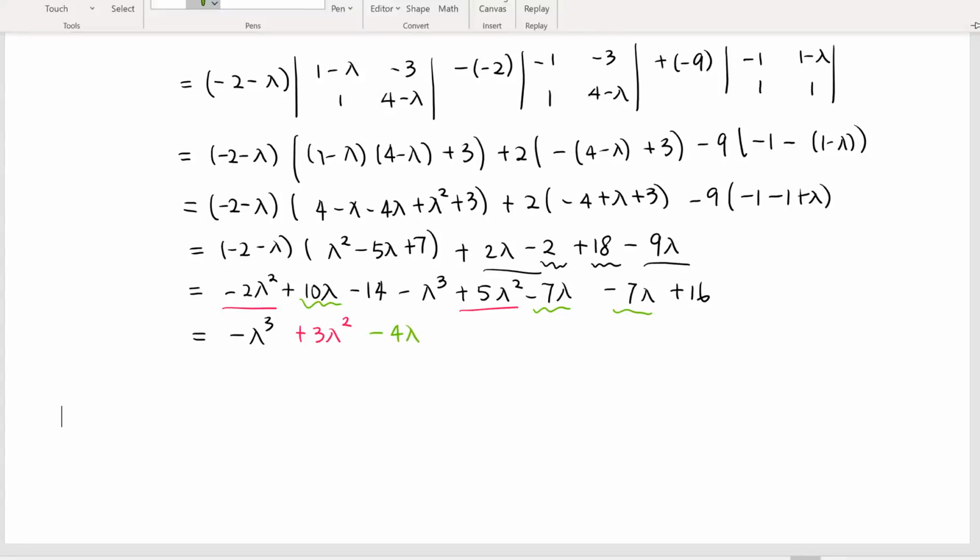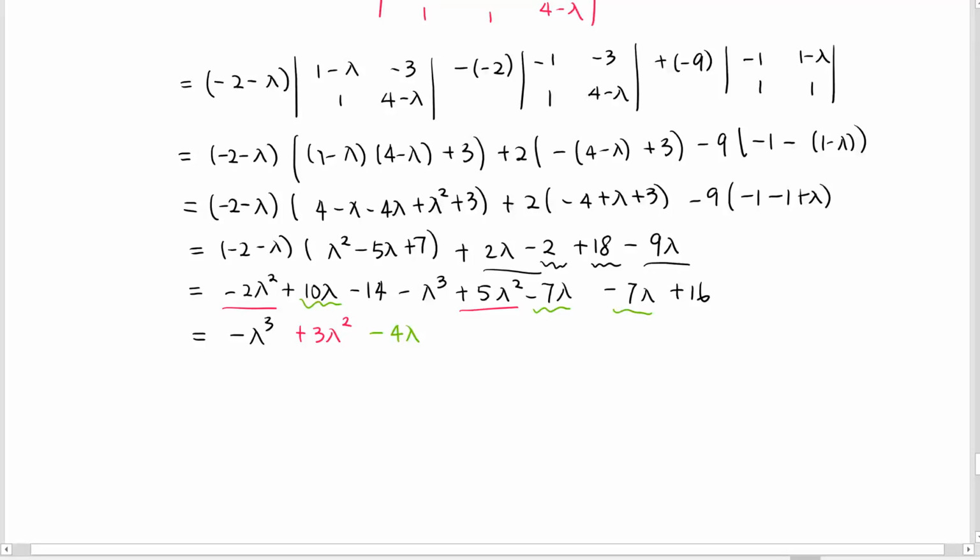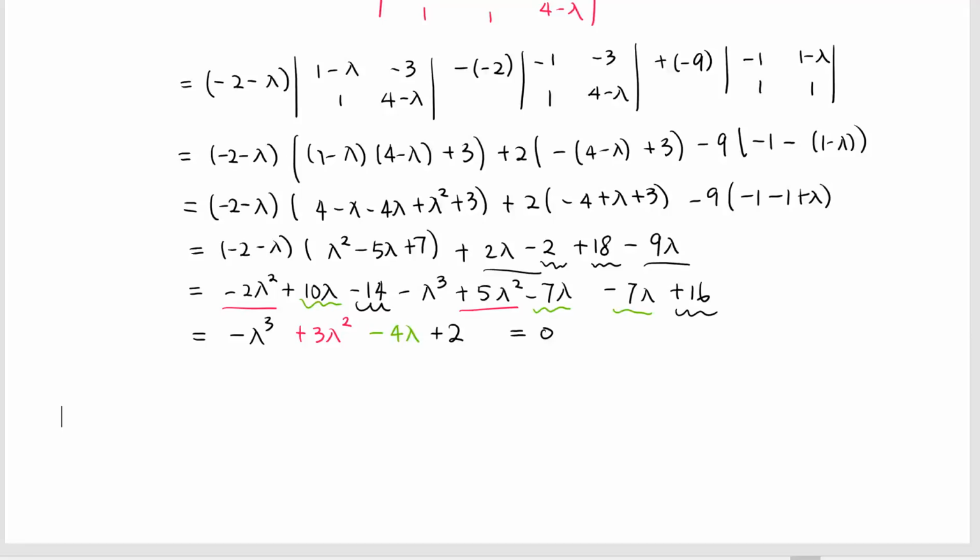And what's the constant? The constant is negative 4 plus 16, so plus 2. So we set this equal to 0. We like the leading coefficient to be positive, so let's multiply by minus 1. Then we flip all the signs.